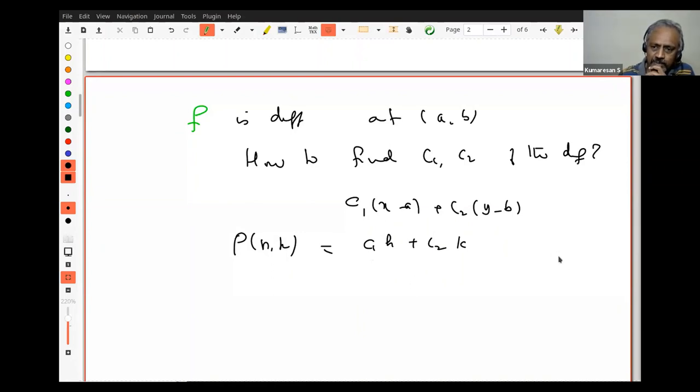If you want a puzzle, what do you do? If you can't solve it, you ask for a hint. Okay, I can't solve it. But at least tell me the value of P at this point and at this point. Then I know how to find C1, C2. Do you understand this? See, begin to think. It's a game. Unfortunately, maths is taught like a religion.